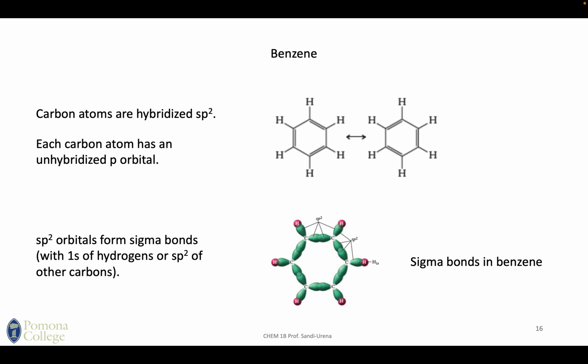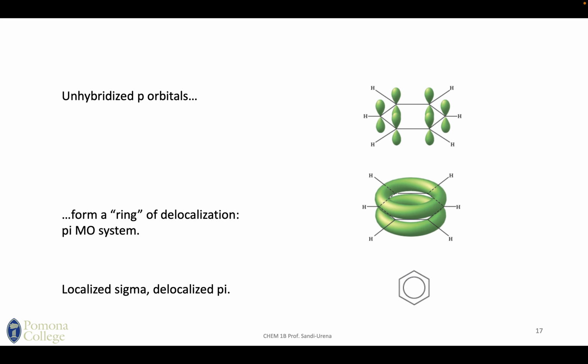hybridized orbitals. As we said, each carbon has one p orbital that is not hybridized, and that one p orbital, since it is a p orbital, is bilobular. It has two lobes, one above the plane of the molecule and one below the plane of the molecule. And those orbitals, p orbitals from adjacent atoms, can overlap.